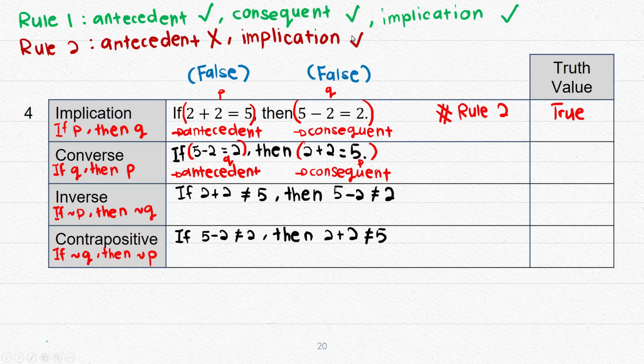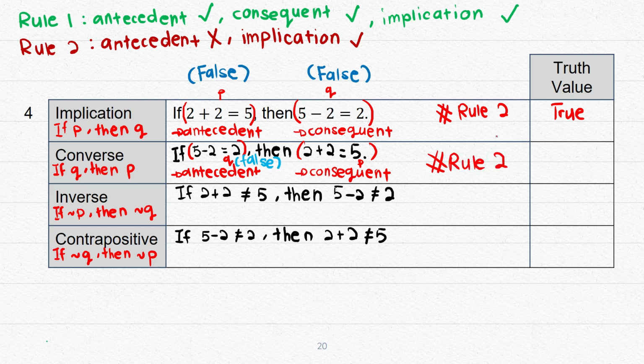Now we already know that Q is false. Is it correct? Yes. Then which rule do we apply? Rule number 2 or rule number 1? Rule number 2. Correct.